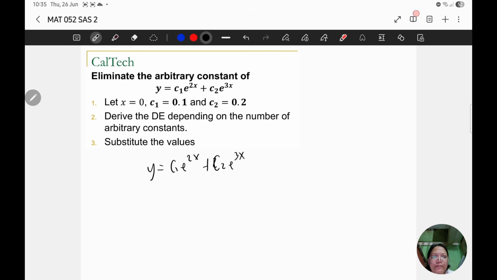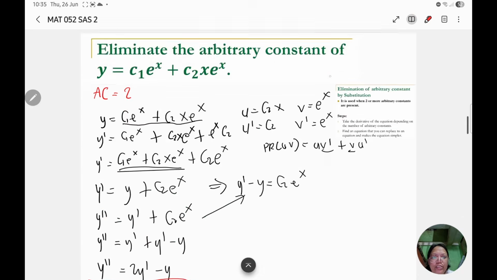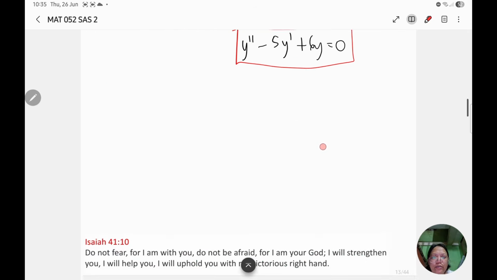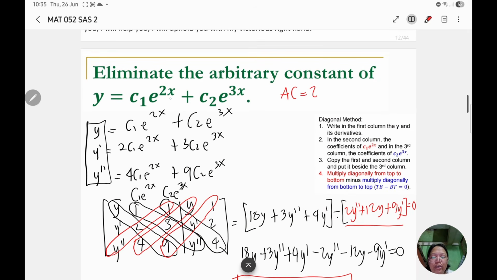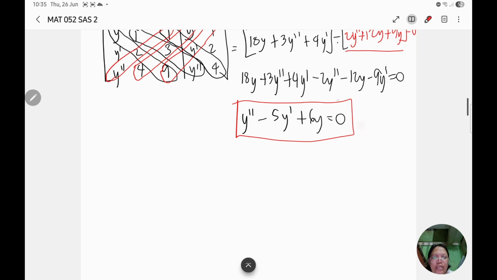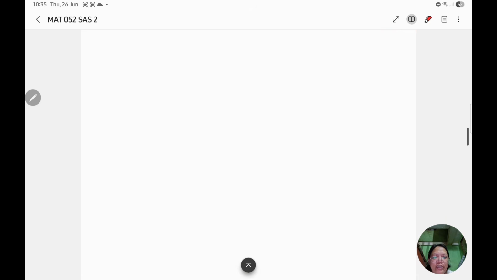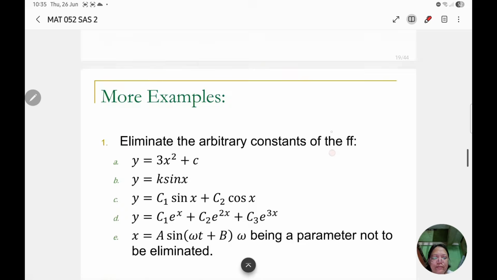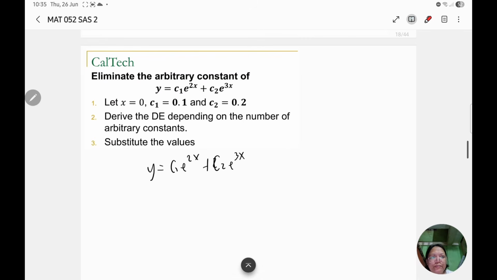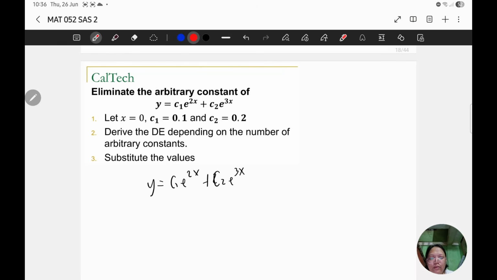Our answer is y double prime minus 5y prime plus 6y equal to 0. Let's check if this is the correct answer.